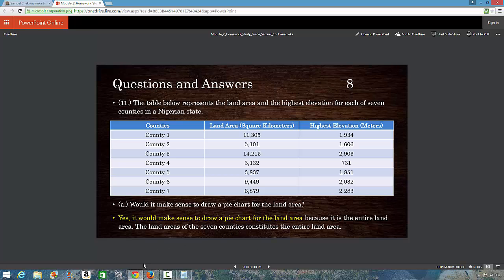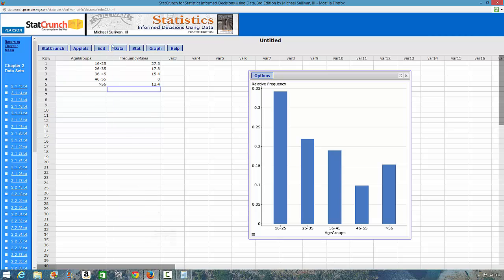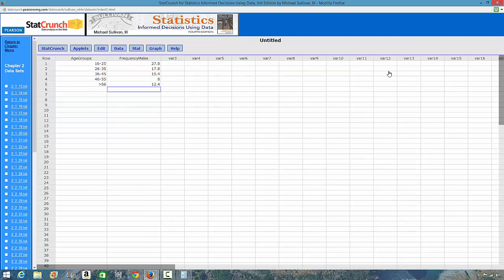So I'm going to go back to StatCrunch, and let me just close this. I can just do this here, although if you want to delete the rest, that's fine. Let me write this as the counties, and here I write land area.